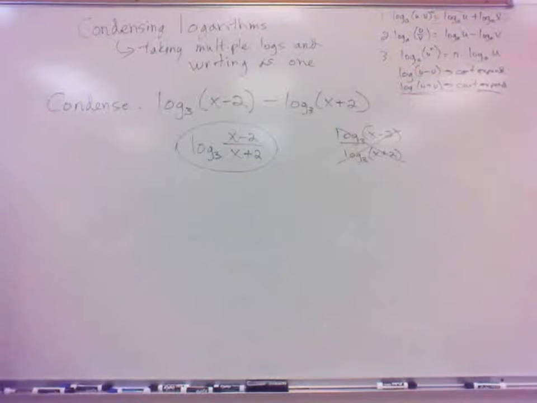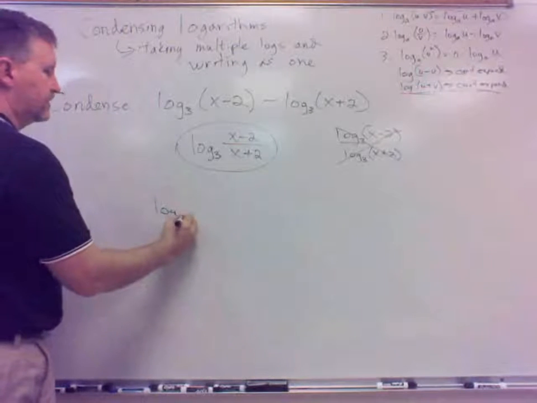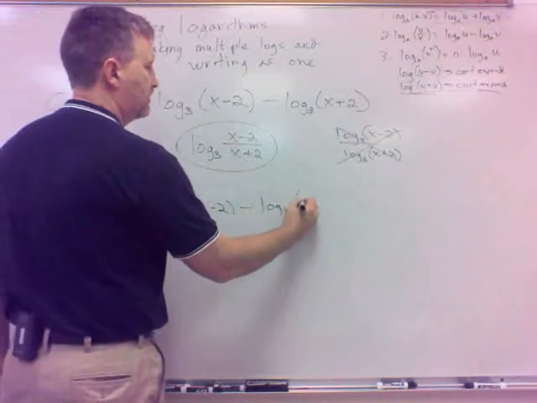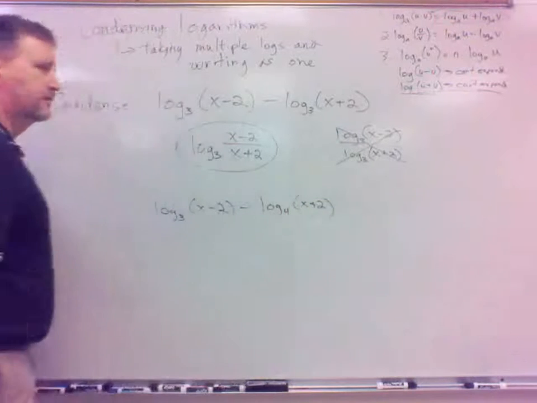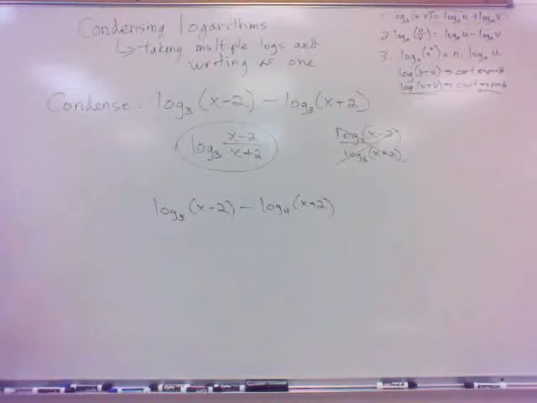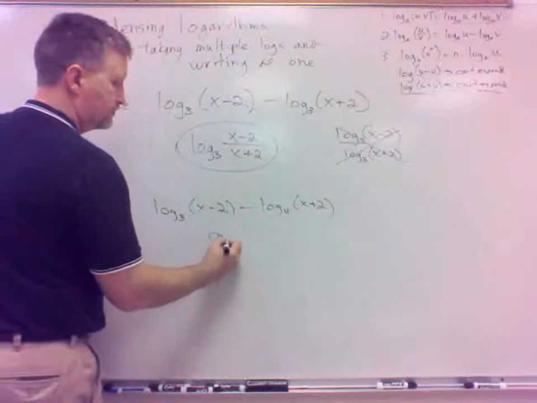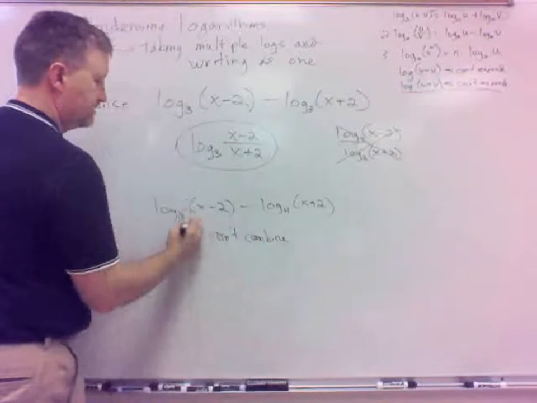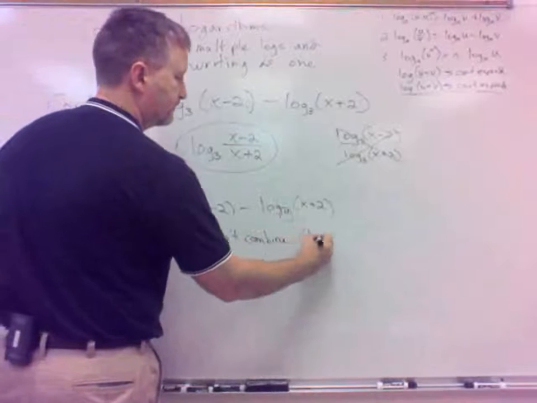Okay? Now one quick point here, what if I change that just a little bit and made that log base 3 of x minus 2 minus log base 4 of x plus 2? Could I combine them the same way? Why not? I can't combine these. Why not? It's got to be the same base. The bases are different.